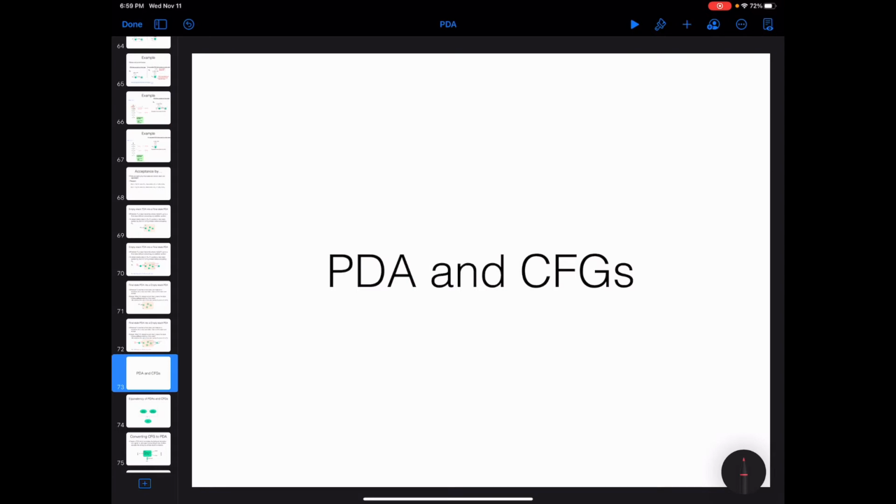And the pushdown automata is the type of machine that accepts the context-free languages. So we should prove it. We should prove that if you have a context-free grammar, you can create a pushdown automata that accepts exactly the same language. And if you have a pushdown automata, you should be able to create a context-free grammar that accepts exactly the same language.